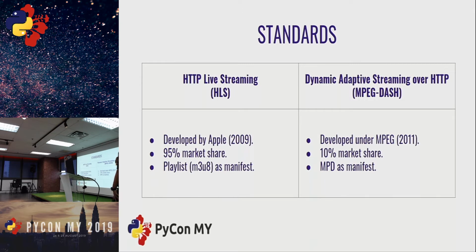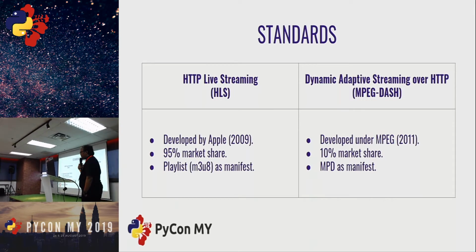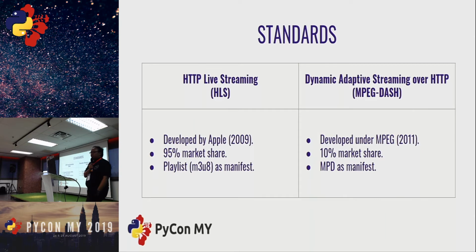So there are multiple standards that they use to stream. The most popular one is called HTTP Live Streaming, or HLS, and the second one is called MPEG-DASH. There are also other standards, of course, but these are the most popular ones, and HLS is the one that you are most likely going to see. It was developed by Apple, and MPEG-DASH is developed by MPEG.